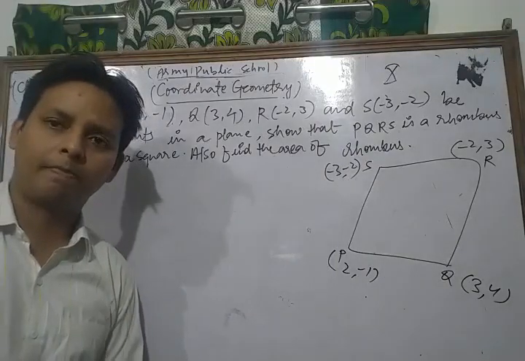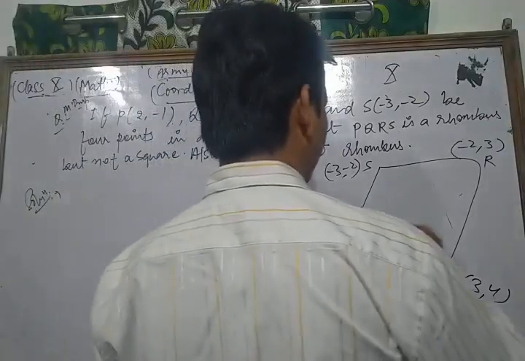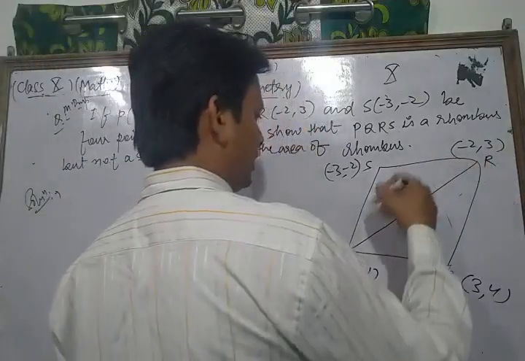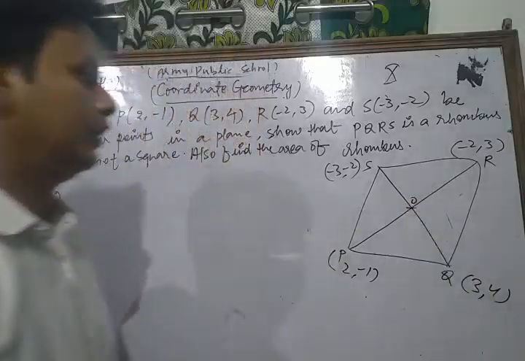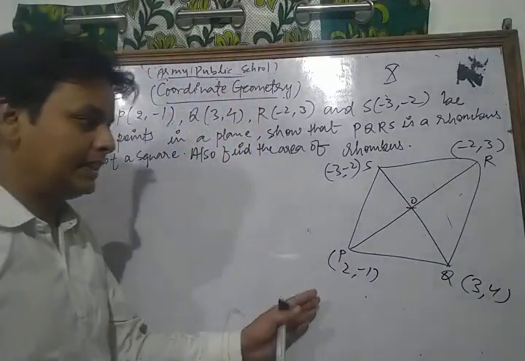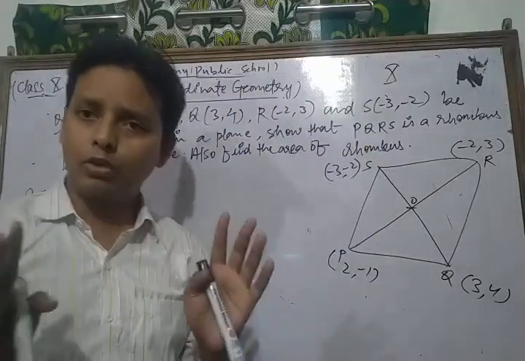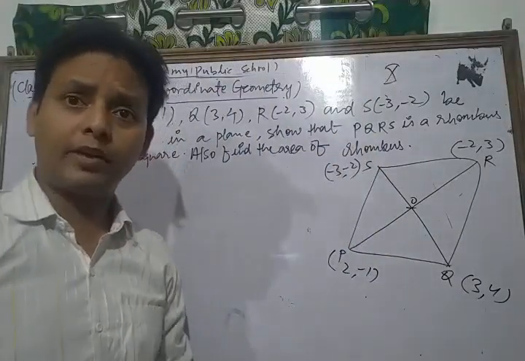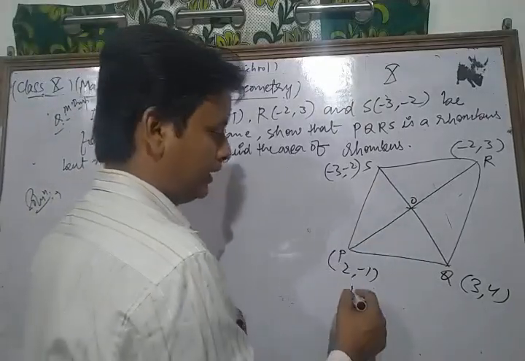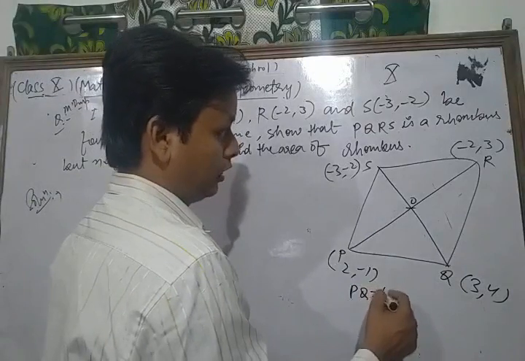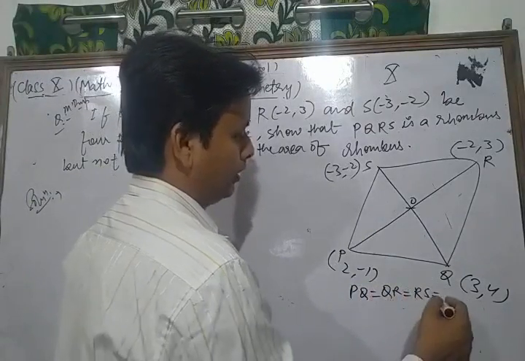PQRS is a rhombus, and we join its diagonals PR and QS. Suppose they intersect at a point. Dear friends, PQRS are the vertices of a rhombus, but not a square, if and only if all of its sides are equal. All of its sides are equal means PQ is equal to QR is equal to RS is equal to SP.